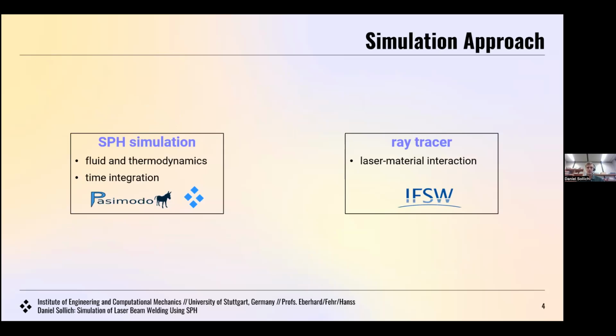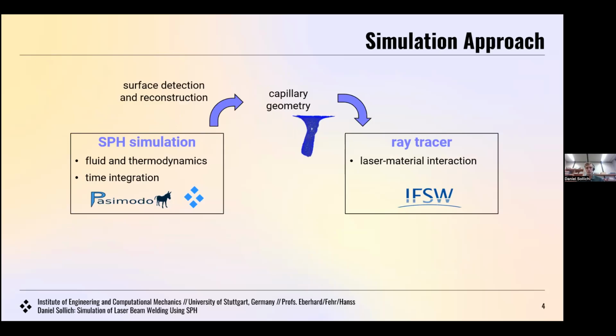So how do we tackle or how do we simulate the process? We simulate it by using the SPH simulation for the fluid and thermodynamics. And on the other side, we use a ray tracing approach to consider the laser material interaction. How do we couple those two domains? First, we detect the surface particles in the SPH simulation.